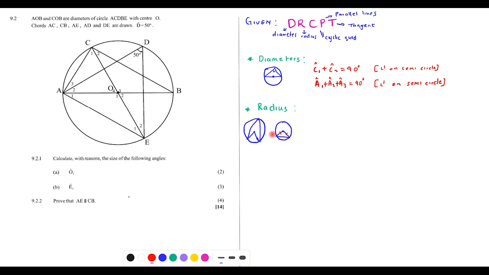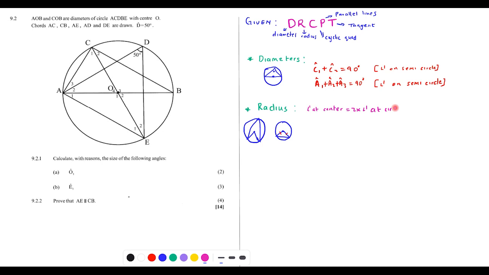So let's first start with the radius here. On this side, I'm going to write the theorem, which is theorem 2, that says angle at center is 2 times angle at circumference.